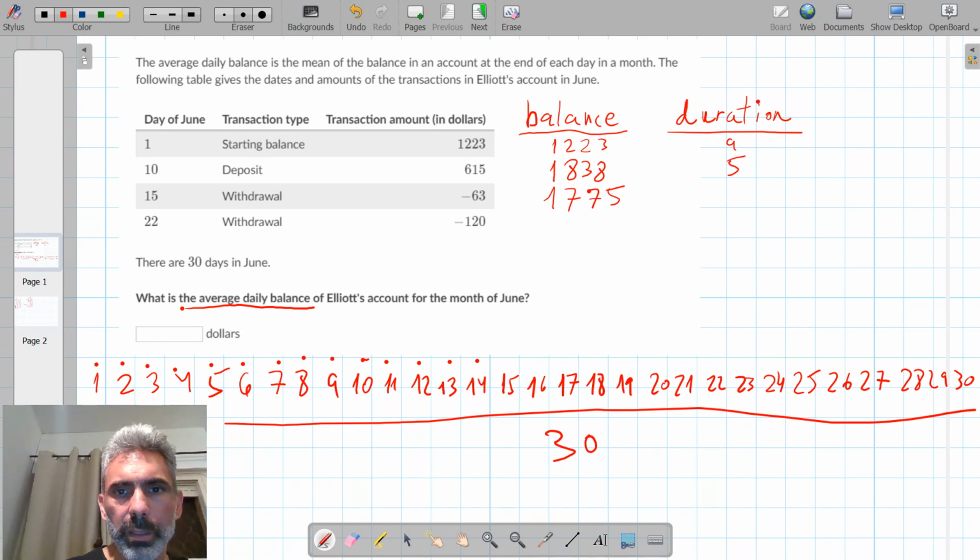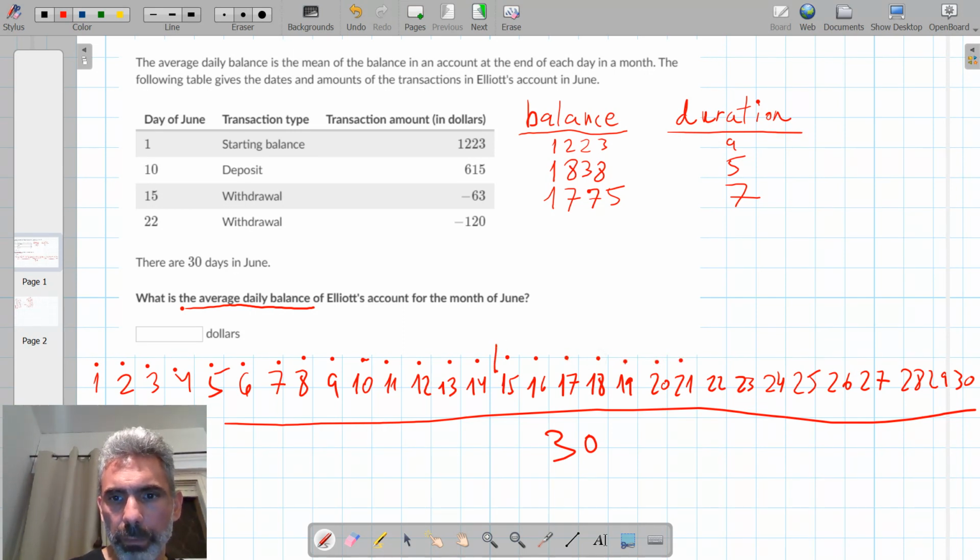And it stayed the same for a duration of 7 days. 22 minus 15 is 7. So it stayed the same from June 15th until June 21st. And then on June 22nd, the balance has changed. 1, 2, 3, 4, 5, 6, 7 days.